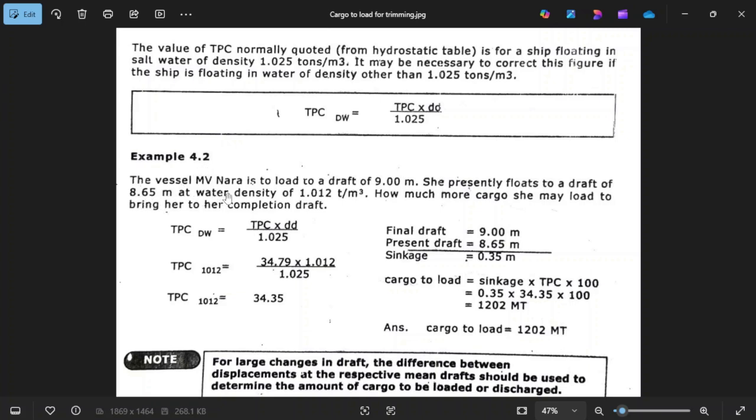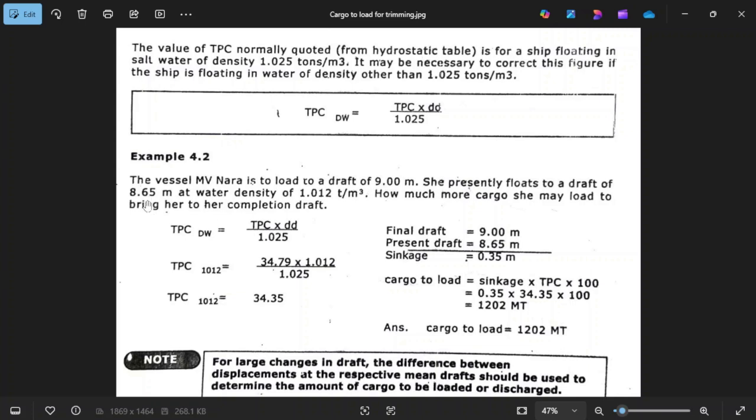The vessel MV Nara is to load to a draft of 9 meters. So this will be your sailing draft of 9 meters, and she presently floats at a draft of 8.65 meters.